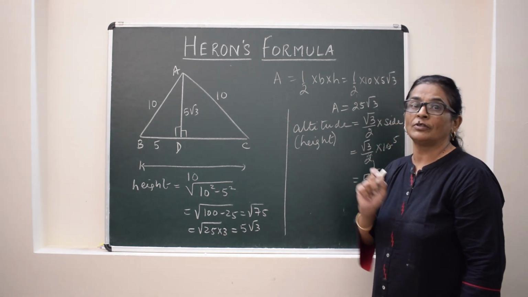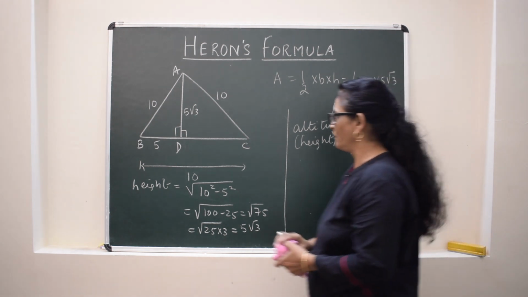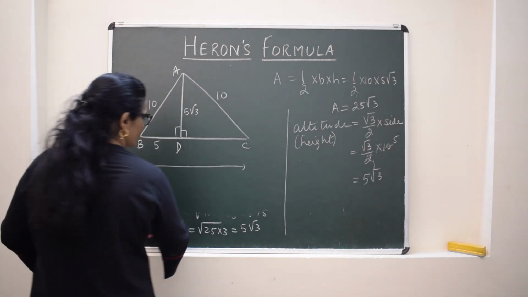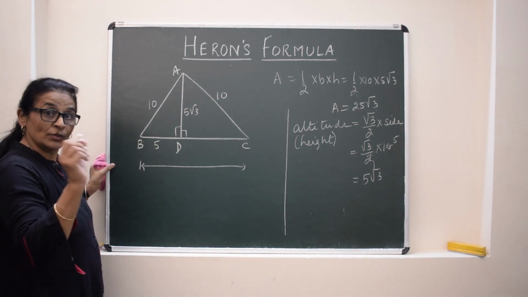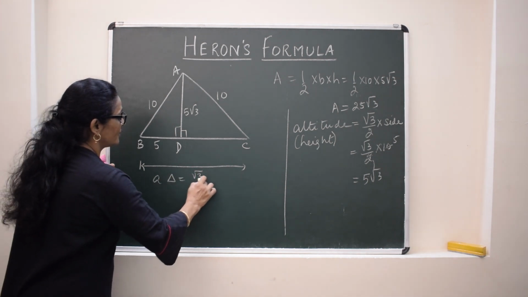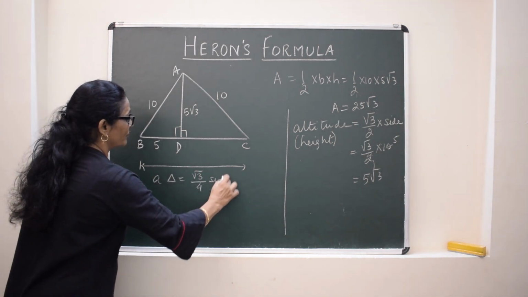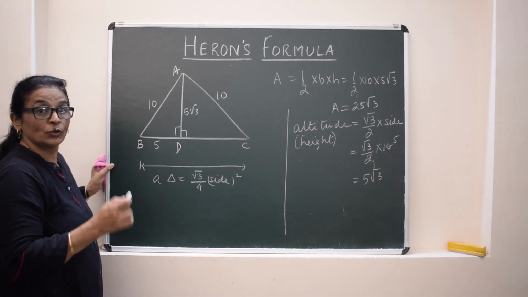Similarly, the area of an equilateral triangle can also be found by a direct formula. That formula is root 3 by 4 into side square. So the area of an equilateral triangle is root 3 by 4 into side square.